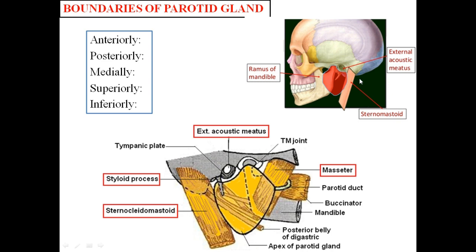You can see in this image that the parotid gland is located between the ramus of the mandible and the sternocleidomastoid muscle.